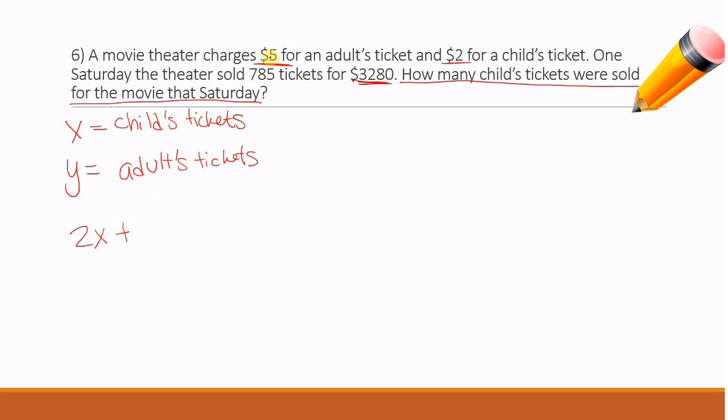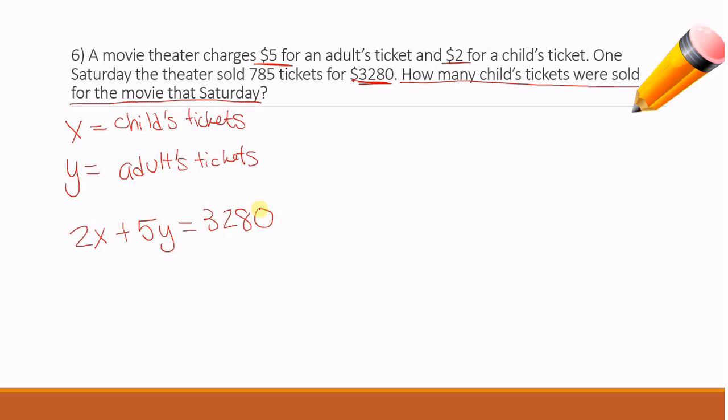Plus adult tickets cost $5, so that would be 5y. And the total amount of money I'm going to get is $3,280.